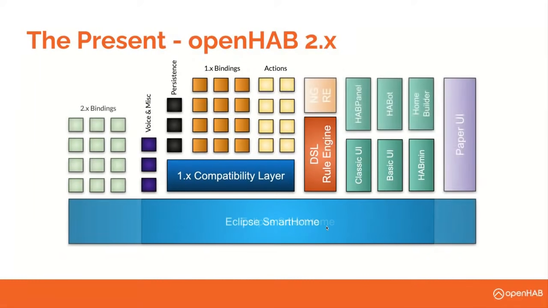So the first thing that really happened on Eclipse Smart Home was to design a completely new binding API that now allowed bindings to automatically discover stuff on your network, to self-describe the devices and their capabilities through the things and channel concept, and also to completely allow all setup and configuration through the REST API so that that can be used from user interfaces.